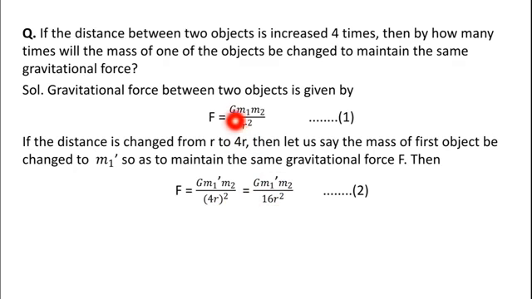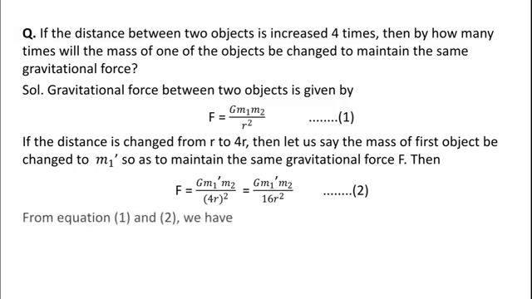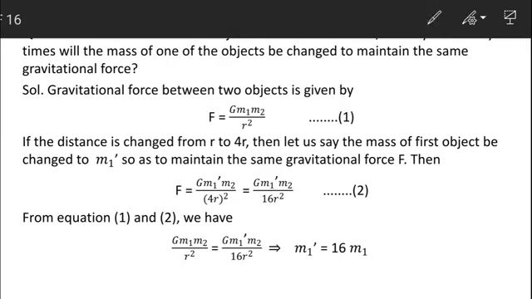Again these two forces are the same, so we can equate equation 1 and equation 2. So when we equate equation 1 and equation 2, we get G m1 m2 divided by r square is equal to G m1 dash into m2 divided by 16r square.